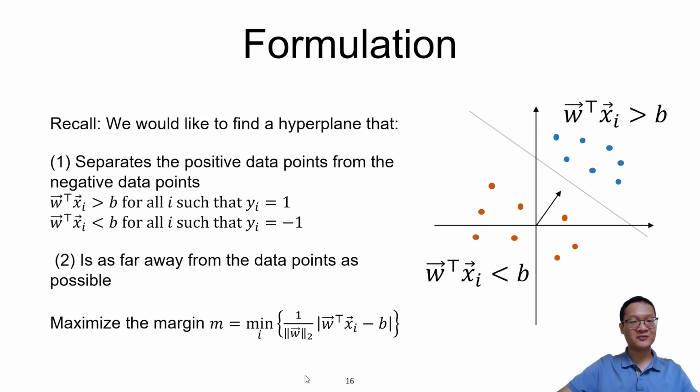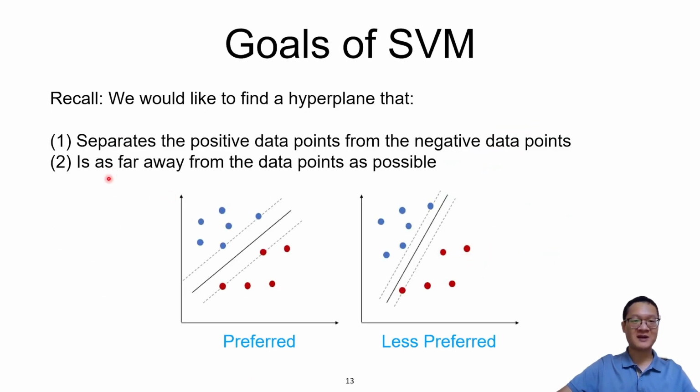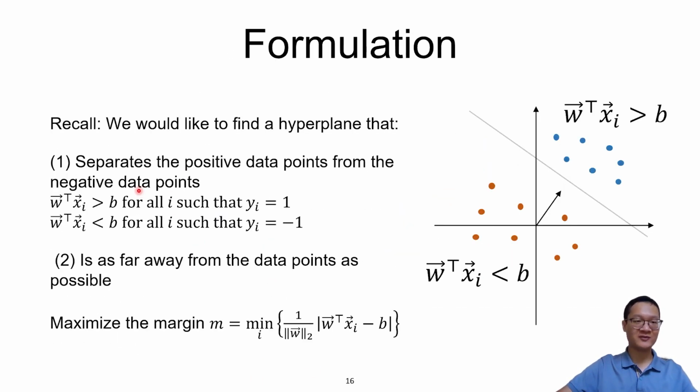So now we're ready to continue formulating the SVM problem. We can now write down our criteria 1 and 2 mathematically, beginning with 1, which says that we want to separate the positive data points from the negative data points. Okay, so what does that mean mathematically? Well, we know that on the line, we have that w transpose x equals b.